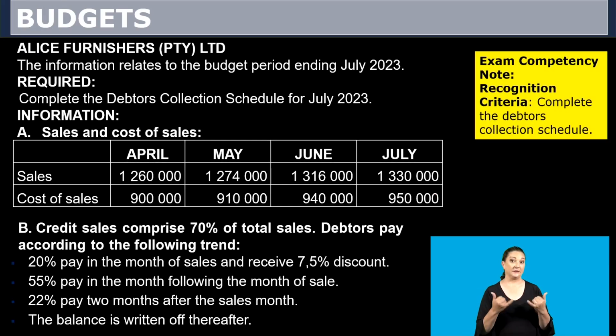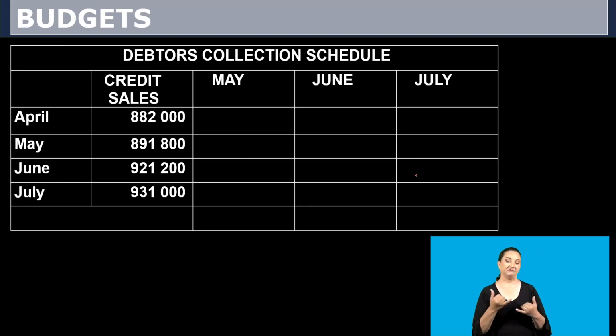And we have an activity here with us, Alice Furnitures. And the information relates to the budget period ending July 2023. I am going to look at the answer book now. So remember, when you are writing your exam, very key, that when you read the question paper, you need to read the question paper together with the answer book.